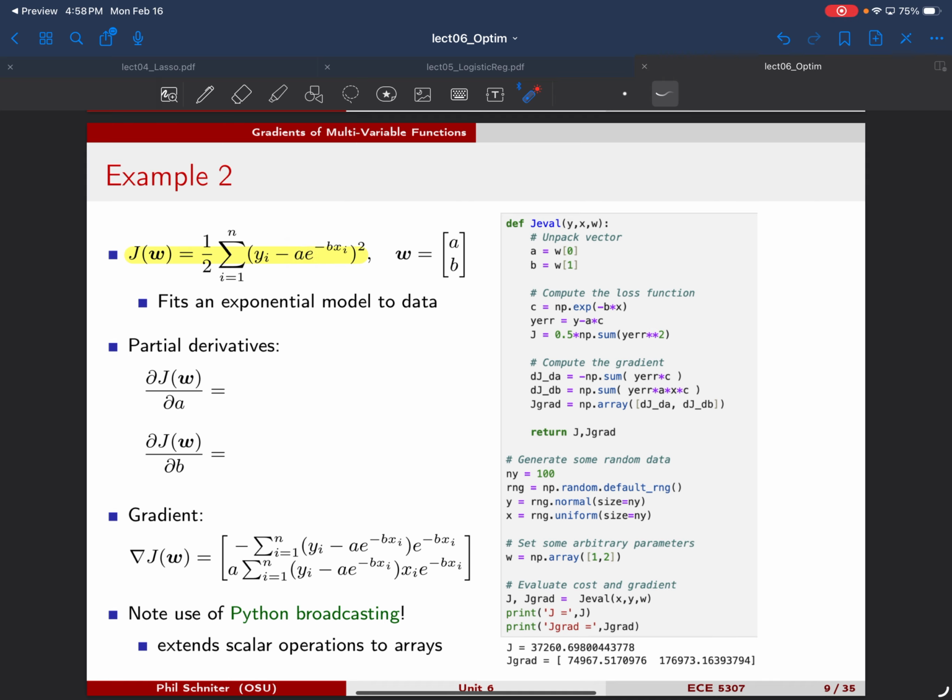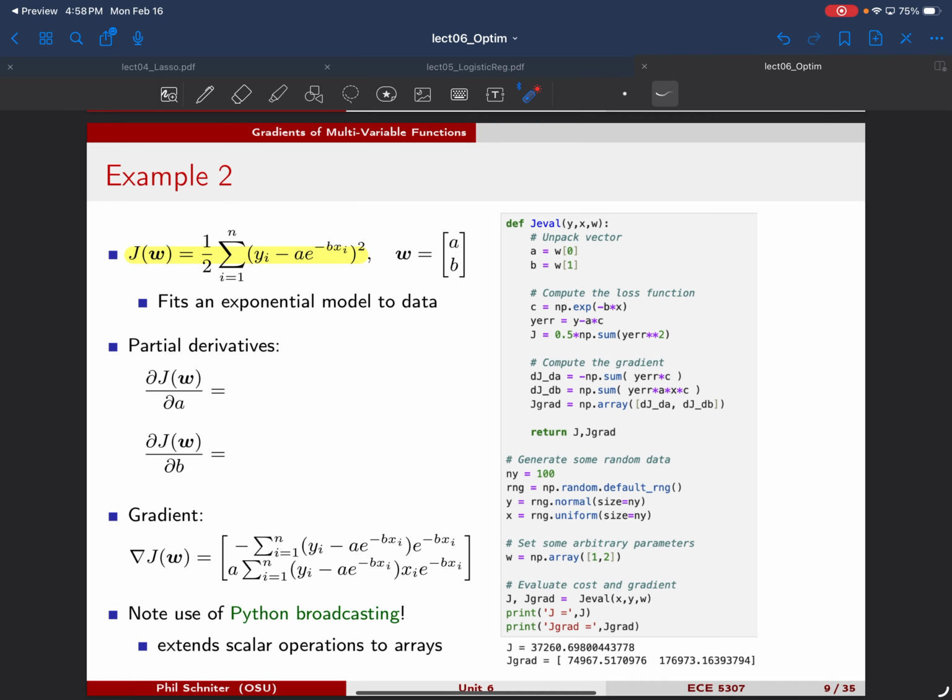We would like to choose our A and B to get the best RSS for this exponential predictor. There are many applications of this model. We'll learn that there's an algorithm, gradient descent, that we can use for this. The first step is to figure out what the gradients are going to be.